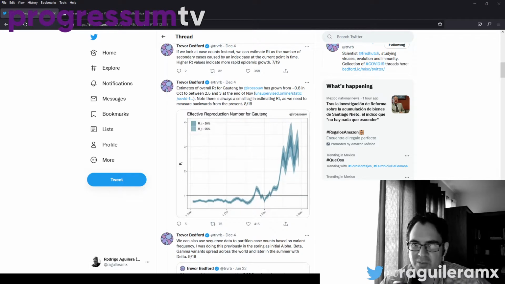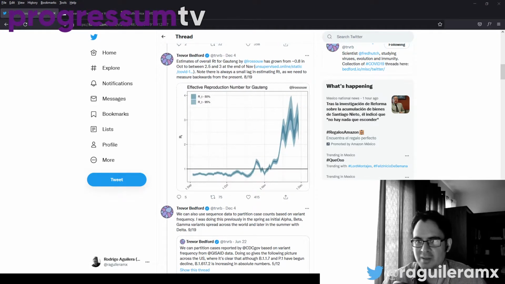So the first thing that we want to know is what are the R values of this new variant, and there's two separate R values that we usually use. We use R naught, or R0, and RT.